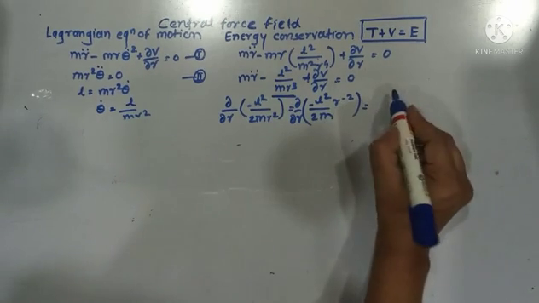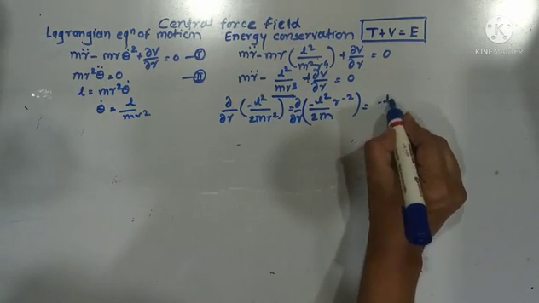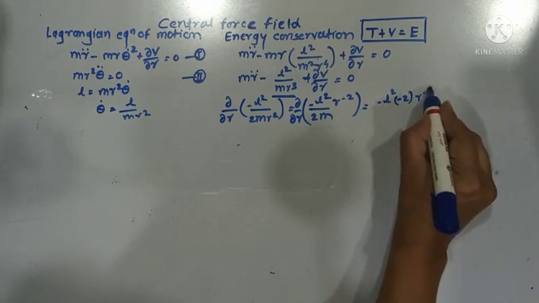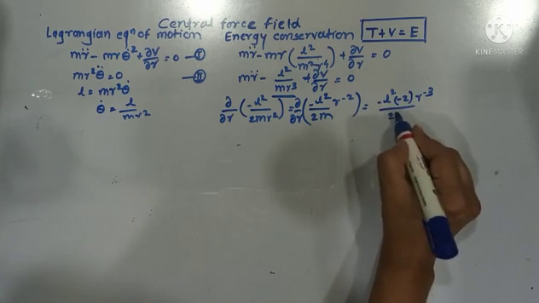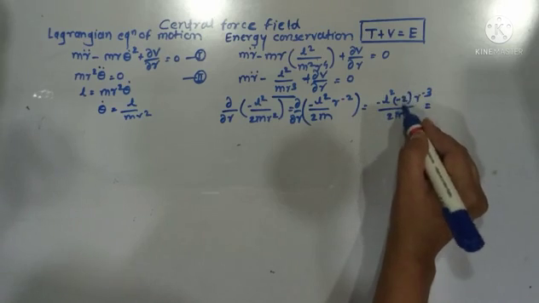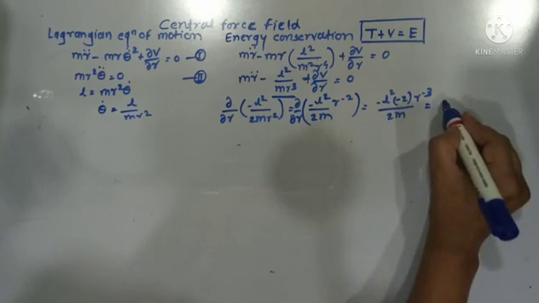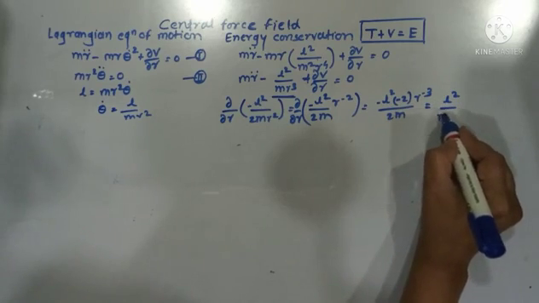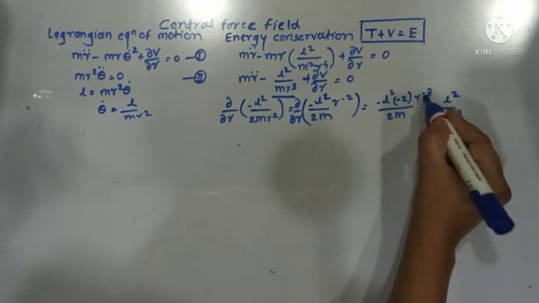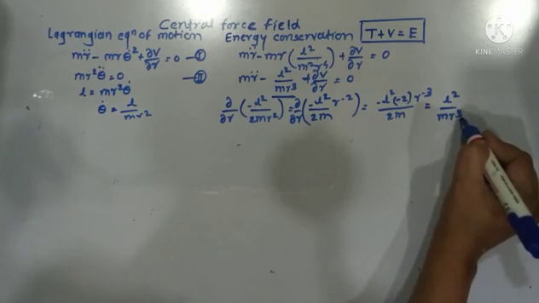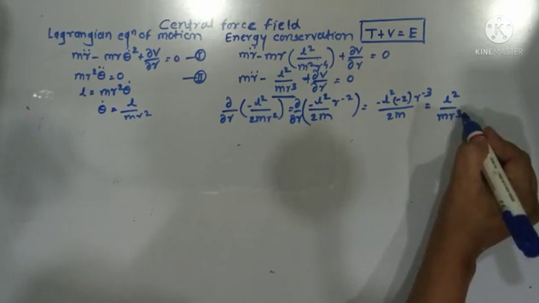I can also write this as minus L square into minus 2 r raised to minus 3 upon 2m, which, with the 2 cancelled, will be L square upon m r cube. So the r raised to minus 3, if it comes to the denominator, becomes r raised to plus 3.